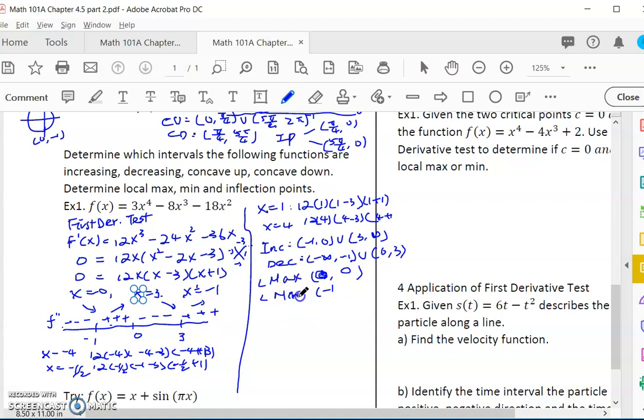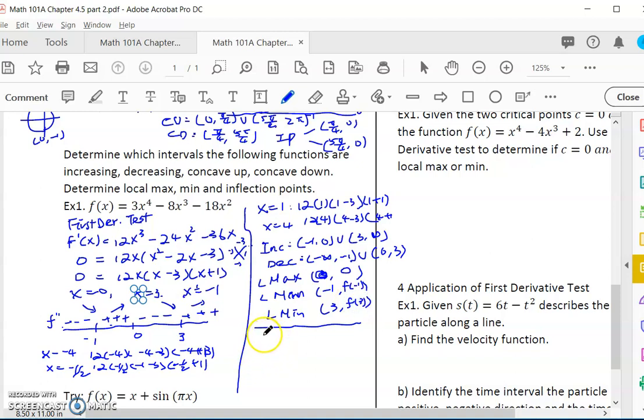Min, there are 2 mins, this one, negative 1 and 3. And another local min is 3 comma something. Which we will work out by putting into decimal, right? We can do those. Just find out what it is when f of negative 1. We'll just say f of negative 1 and f of 3, right? For the sake of completion.